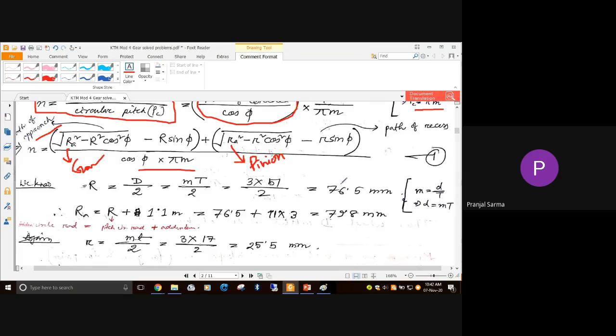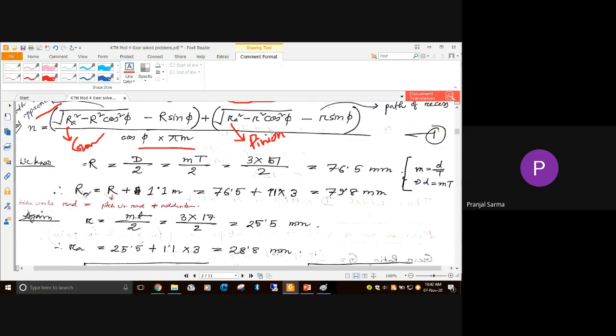From our previous knowledge, radius r is nothing but diameter by 2. And module and diameter are connected. Module is nothing but d by t, that is the pitch circle diameter divided by the number of teeth.